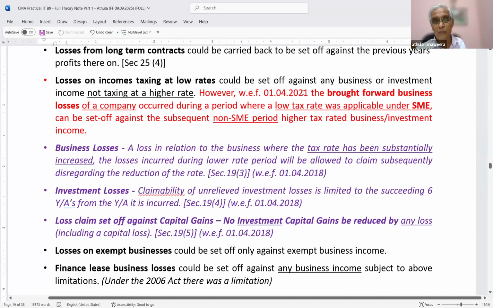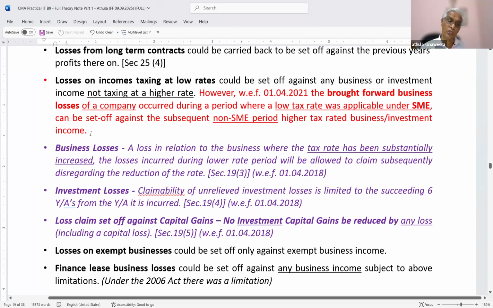However, this is my explanation. With effect from 1st April 21, the brought forward business losses of a company, they have taken only company, right? Anyway, losses occurred during a period where a low tax rate was applicable under SME can be set off against the subsequent non-SME period higher tax rated business or investment income.